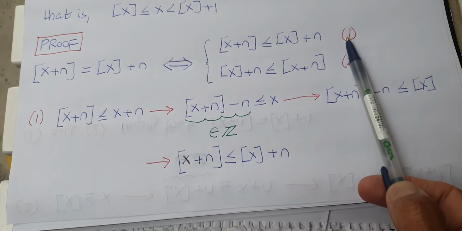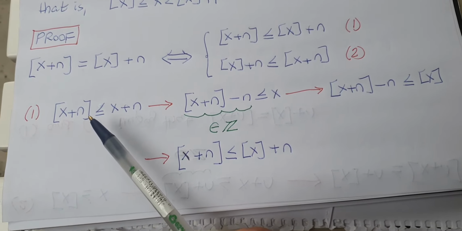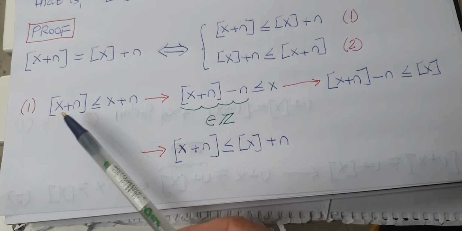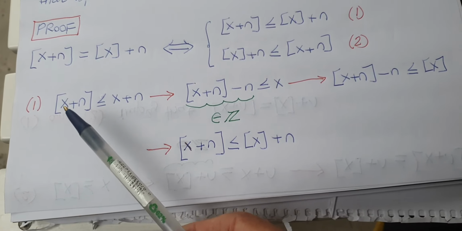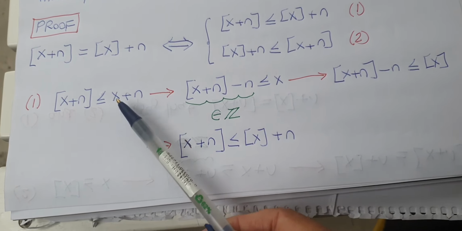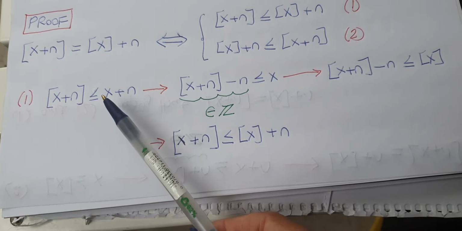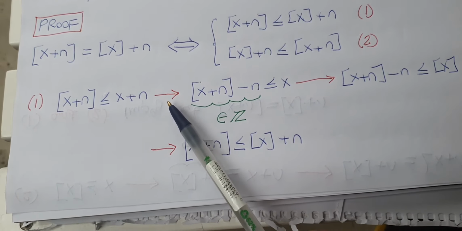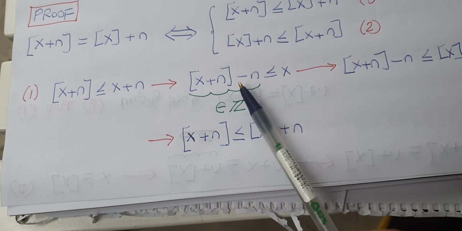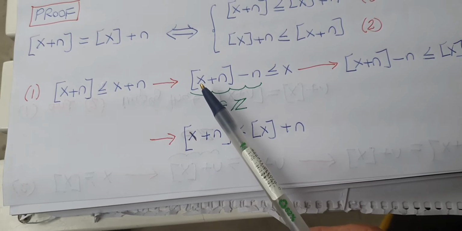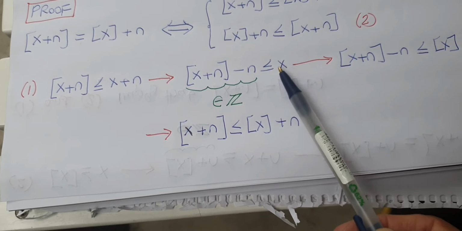If we start with the first one, by the definition of the greatest integer function, we can write that the integer part of x plus n is less than or equal to x plus n. And this means that by moving n to the left hand side, I get that the integer part of x plus n, minus n, is less than or equal to x.